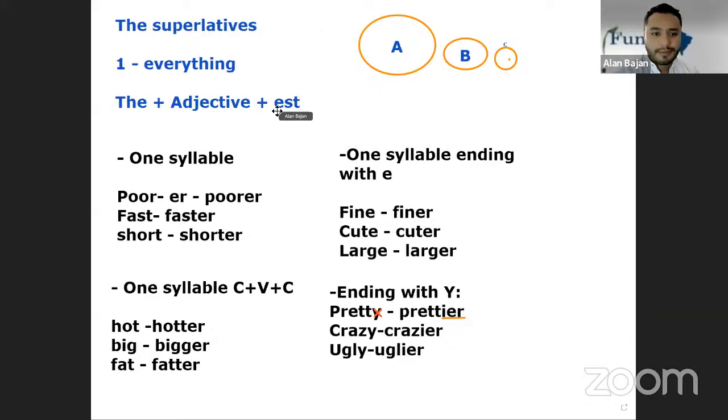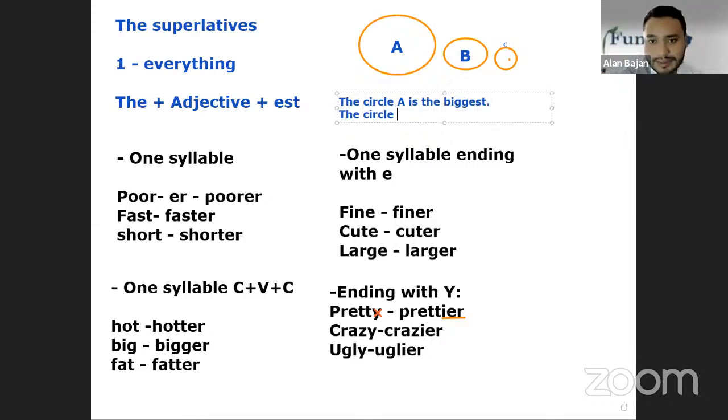For example, the circle A is the biggest.